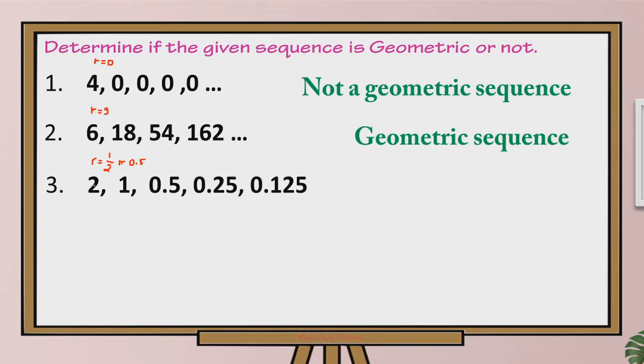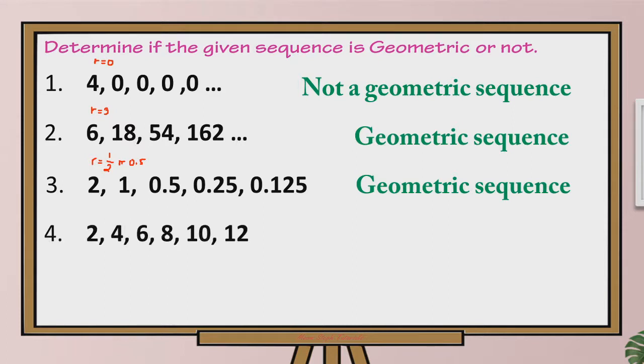So, 2 times 1/2 or 0.5, ang makukuha nating term ay 1. 1 times 0.5, that is 0.5. 0.5 times 0.5, the result is 0.25. And 0.25 times 0.5, the result is 0.125. Kaya, ang sequence sa number 3 ay isang geometric sequence.